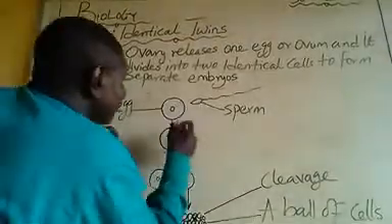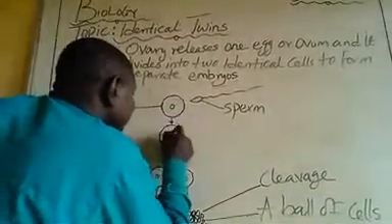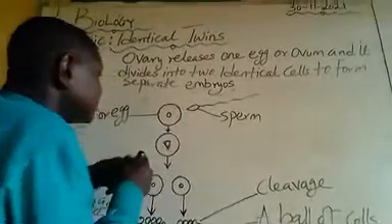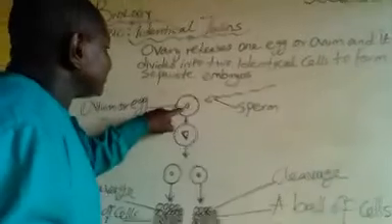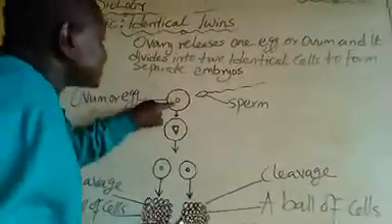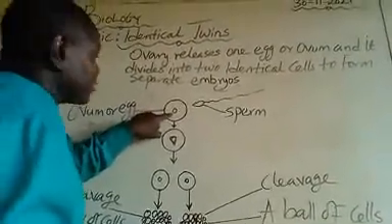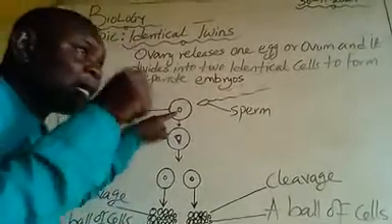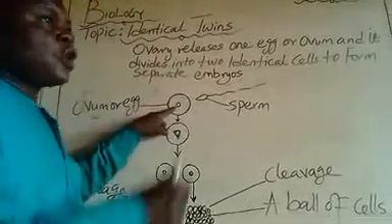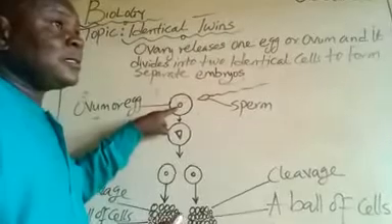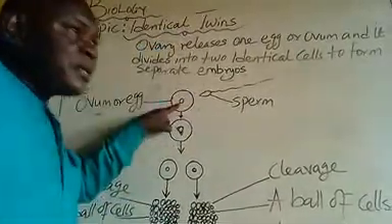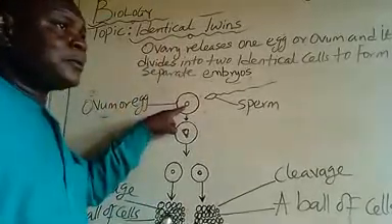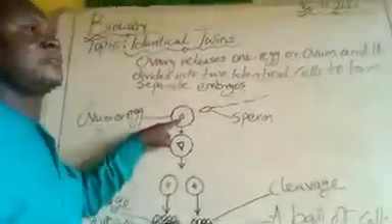Now, fertilization has taken place here. As you can see, the ovum, the egg, has a nucleus. The nucleus contains chromosomes. Chromosomes contain DNA. DNA means deoxyribonucleic acid.